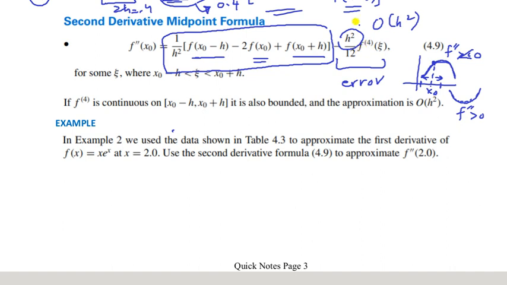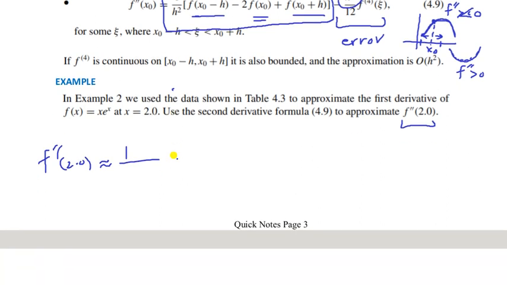So let's see an example here. It says, in the same previous example, use this formula to approximate f double prime at 2.0. So if I use this formula, my f double prime at 2.0 should be approximately 1 over h square. Now what is your h? Because it uses 3 points, x naught minus h and x naught plus h, you can use either 0.1 or 0.2.